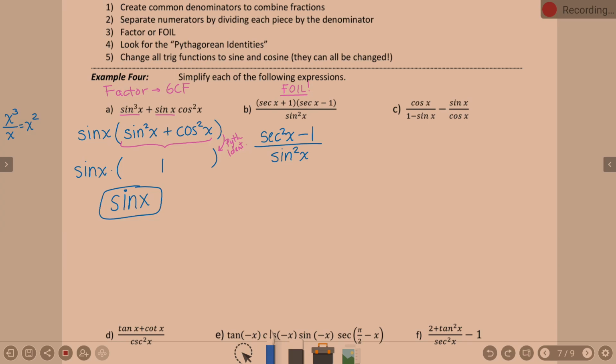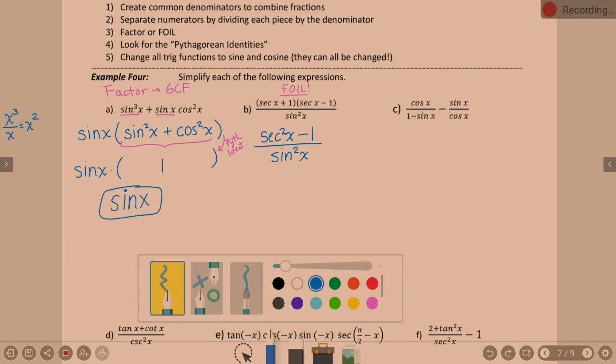You should indeed be flipping and looking at your identities. Secant squared theta minus 1 would be equal to tan squared. And why is that? Because the original equation is 1 plus tan squared theta equals secant squared theta, so if you subtract the 1, it would become secant squared minus 1 equals tan squared.